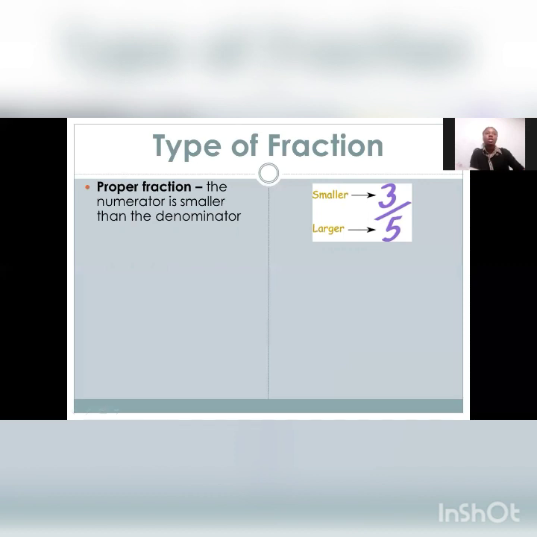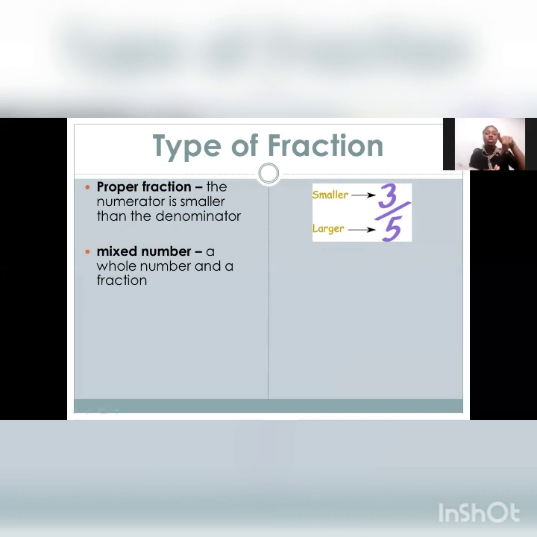Next, we have a mixed number. The main focus for our lesson today is one of them. A mixed number is a whole number and a fraction. This is what it looks like.